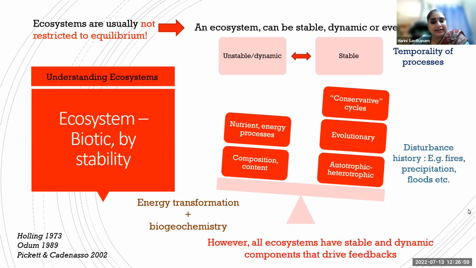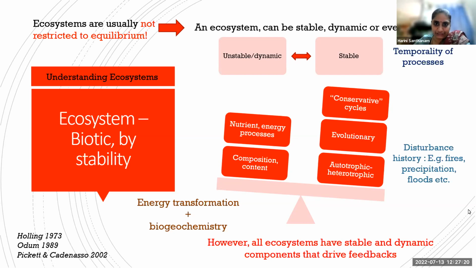But those factors which make the ecosystem unstable are the disturbance histories, right? So disturbance factors, for example, if we have forest fires, if there is precipitation, if there is a flood, all these can change the way in which an ecosystem functions.